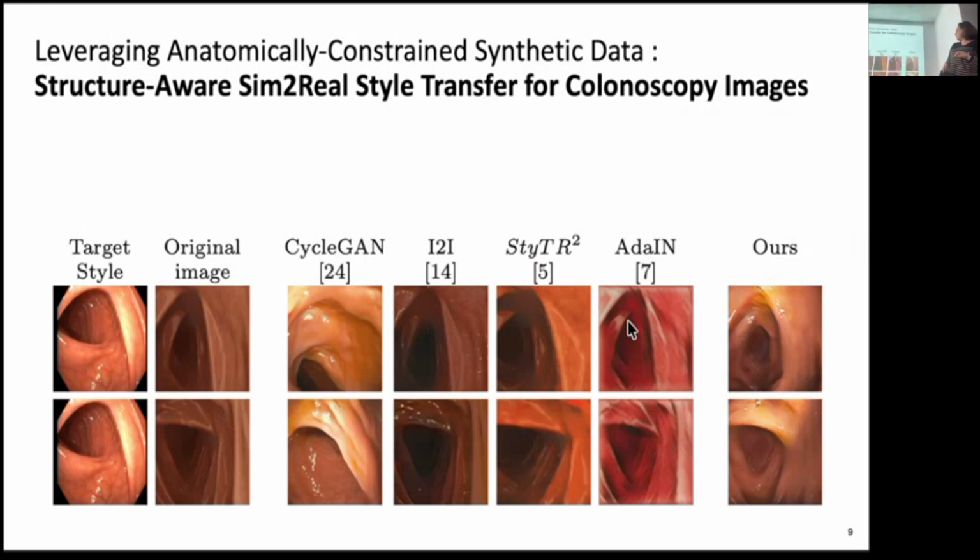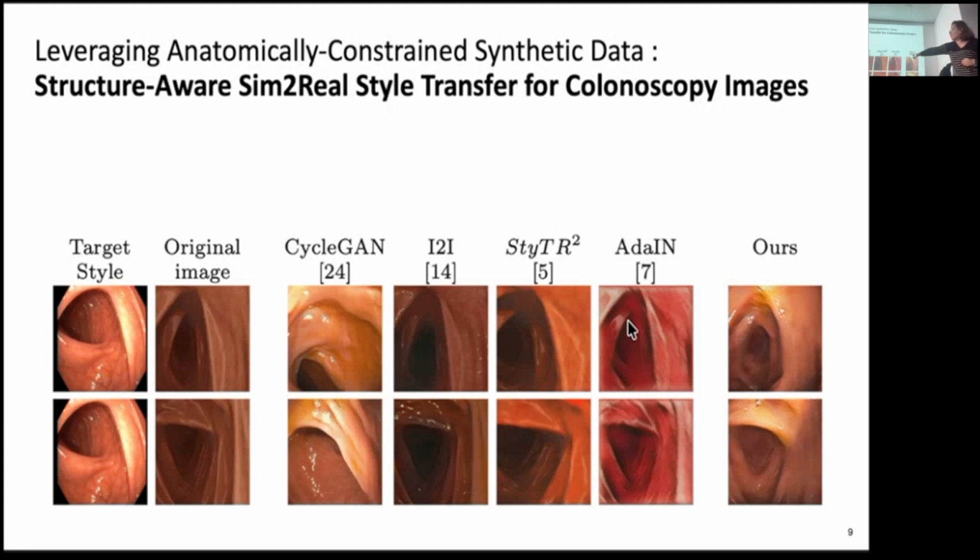Some of the images that we created, so what I was saying earlier: on the left, the first column, you have the target style that we want. It's not the image, but we want that style of real image. The second column is the original synthetic image. We want to maintain exactly the structure or almost exactly the structure that's in this image, and then different models that we use.